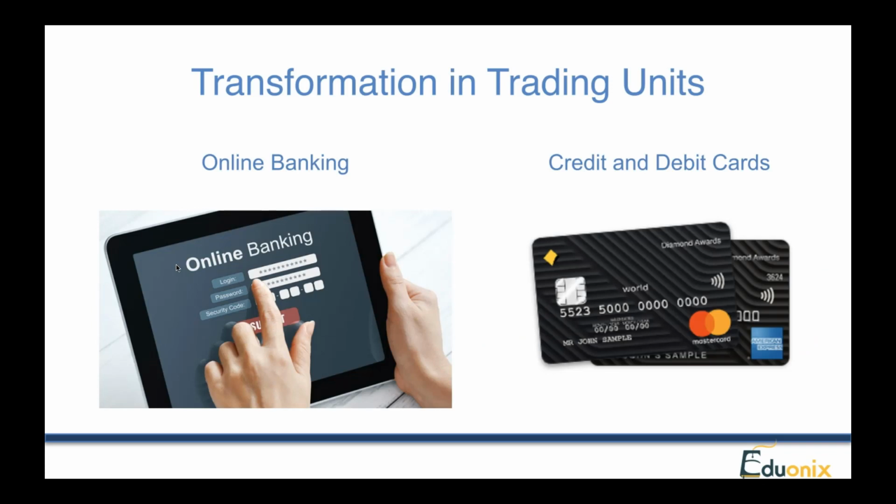We also have other forms of trading units or currencies like online banking, credit cards and debit cards. As I said, even fiat currencies are prone to theft and robbery, not only gold. The good thing about fiat currencies is that they are very easy to carry, and they have some value also. But if you are very scared about robbery and theft, then you can go for online banking. But again, with online banking, the system is very opaque.